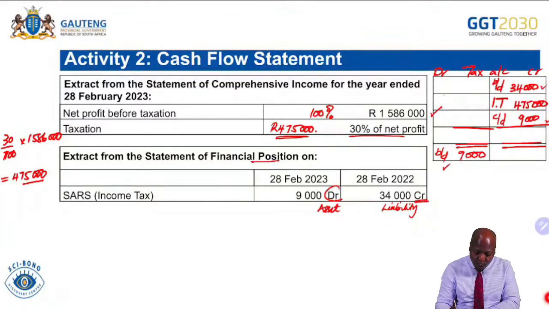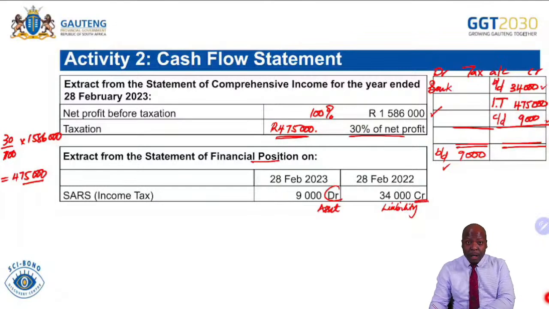And what I'm going to look for is what was paid, which is the bank. Do you have your calculators? Okay, I see some of you have them already. Let's begin to add. You will say 34,000 plus 475,000 plus 9,000. I'm going to read the figures out again. Let's go. It's 34,000 plus the 475 plus the 9,000.